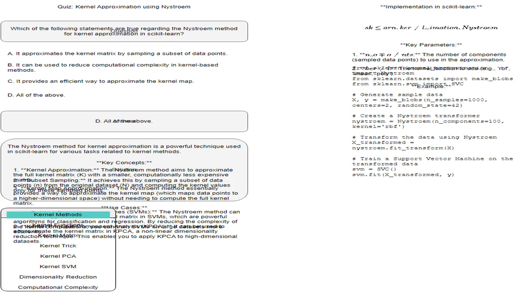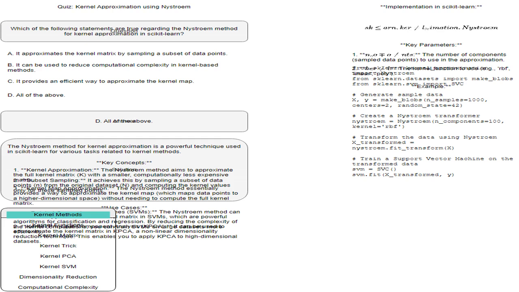Kernel methods. Kernel methods are a family of algorithms that operate in a higher dimensional feature space using a kernel function. These methods leverage the concept of the kernel trick, which allows them to work implicitly in this high-dimensional space without explicitly computing the mappings.